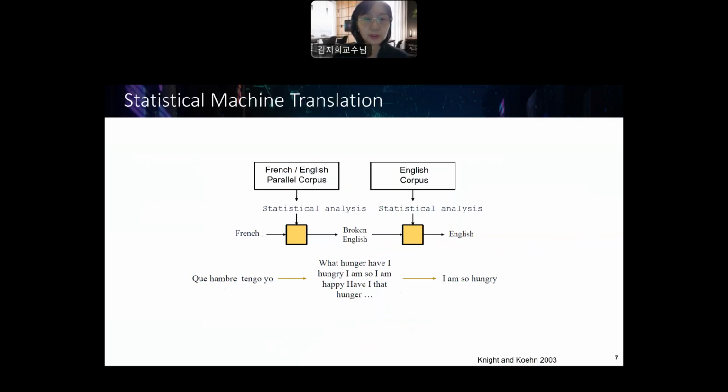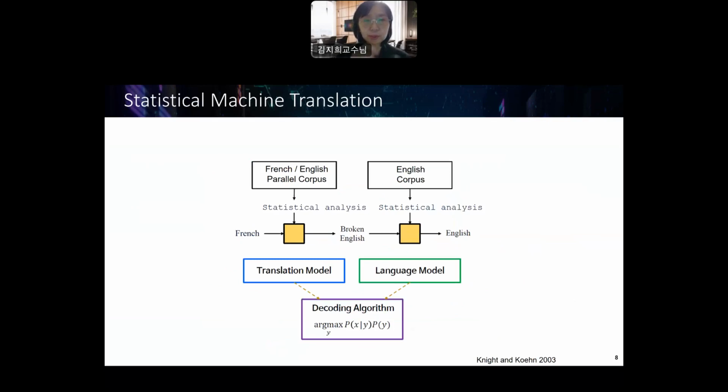So here is a sentence from French, and this will be a list of words that map to particular words, maybe Hamburg will map to hunger or something, where could mean what and so on, but still maybe not a natural English sentence. And given this, we pick the most natural sentence out of this pool.